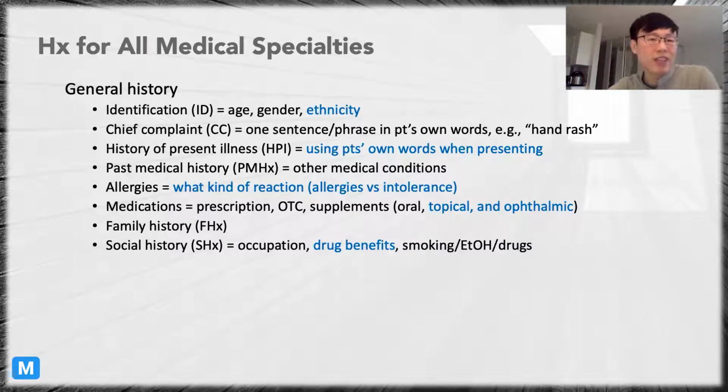You want to specifically ask them, do you have any prescription medication you put on your skin, or put into your eyes? Because oral mucosa and eye mucosa are part of the complete skin examination. And in terms of social history, you want to particularly ask about drug benefits, because many of the medications can be expensive. You want to make sure the patient has sufficient drug coverage.